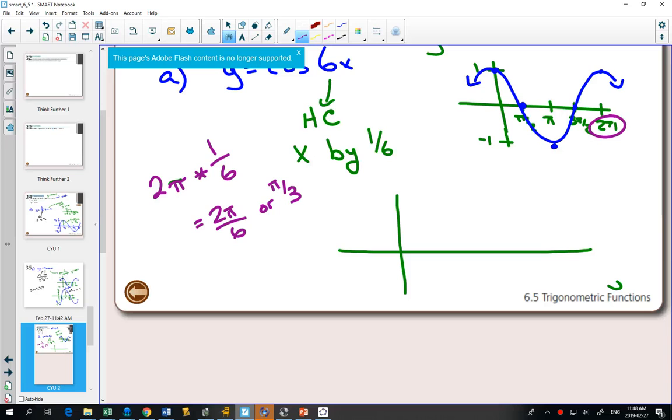So my value that was at 2 pi comma 1 is now going to be at, and I'm just going to label it here, pi over 3. That point's going to be at pi over 3 comma 1.